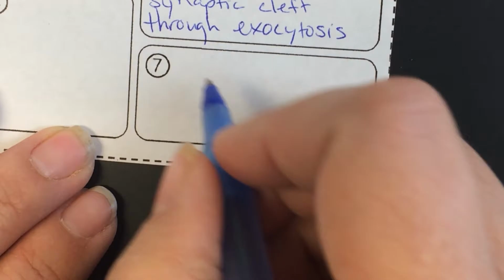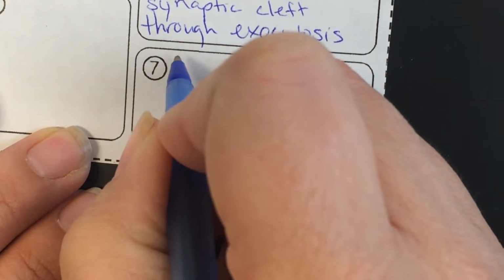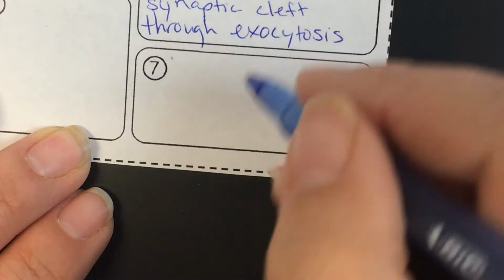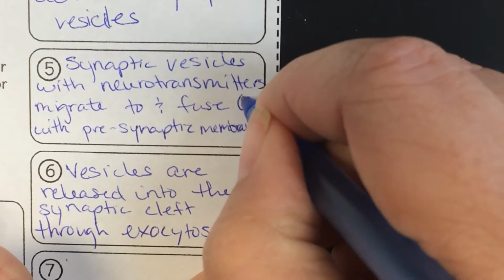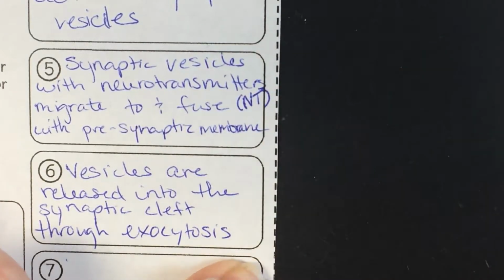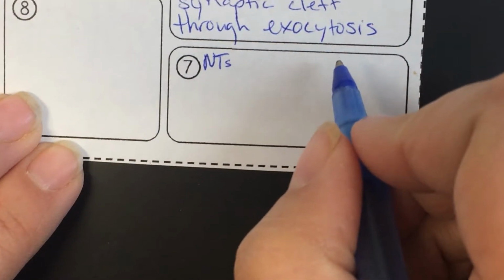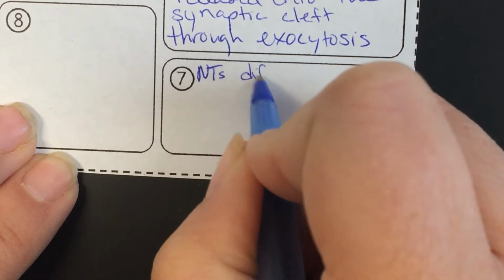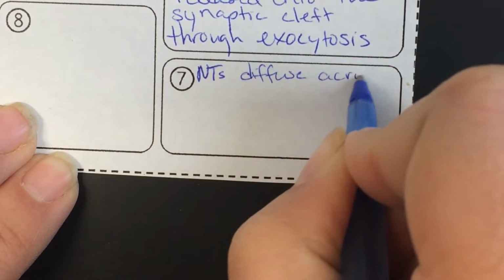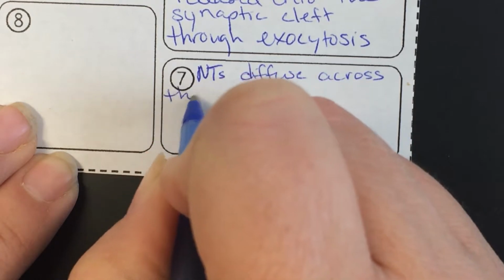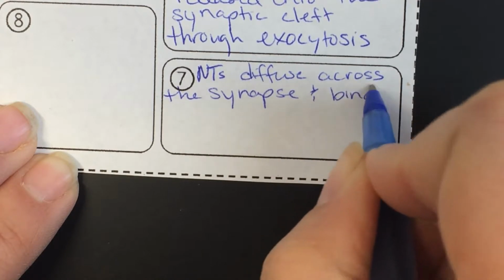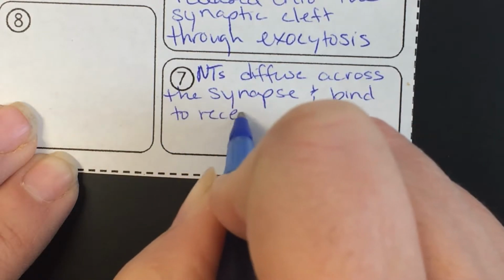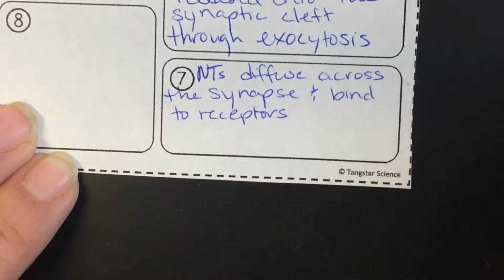So in this one, neurotransmitters, and because it's a long word to write, we'll just call them NTs. So NTs diffuse across the synapse and bind to receptors.